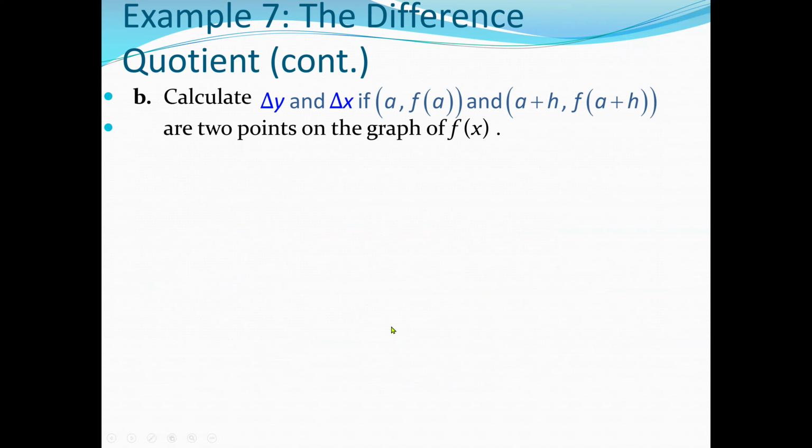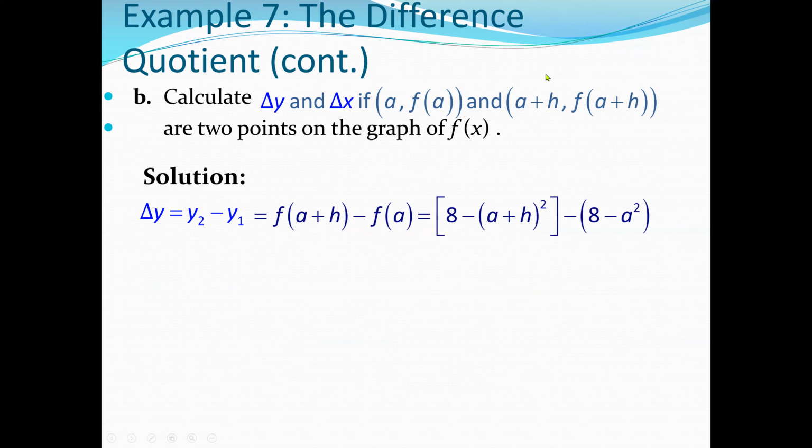So next, we are going to calculate dy and dx. If (a, f(a)) and (a + h, f(a + h)) are 2 points on the graph of f(x), the solution for dy will be y2 minus y1. Here y1 is f(a), y2 is f(a + h), so dy is f(a + h) minus f(a).